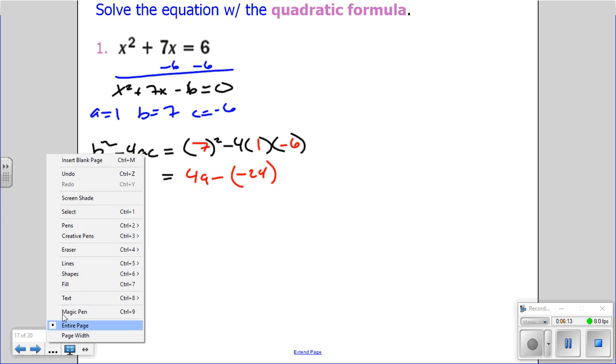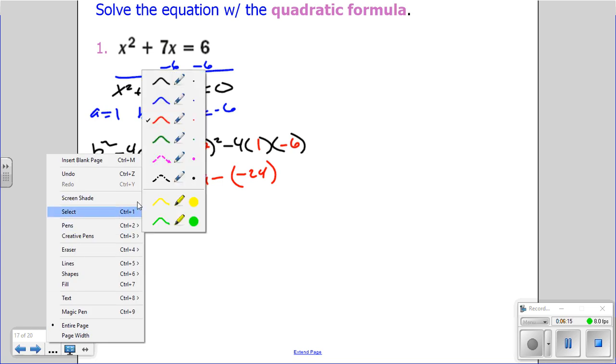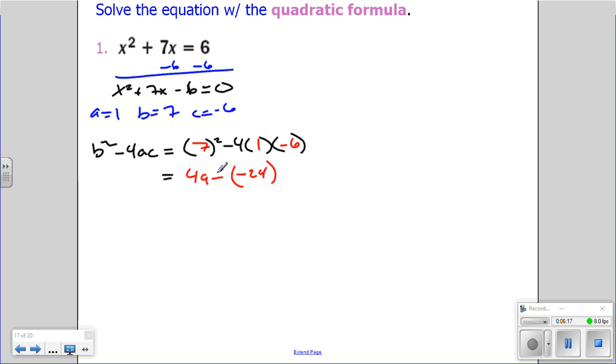Notice I have a minus negative. So this becomes plus, this becomes positive. So that would be 49 plus 24, which ends up being 73.